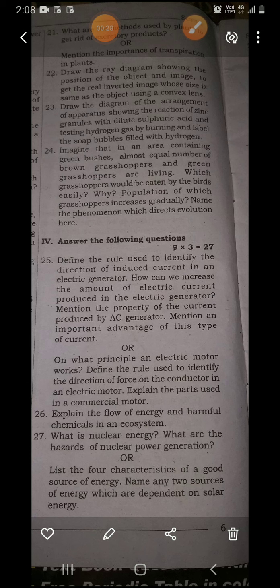In this page you can see the questions from the 21st. So the 20th question I'll read out, kindly write down.